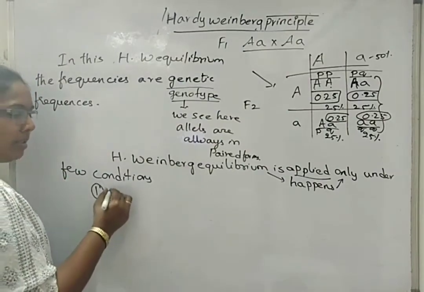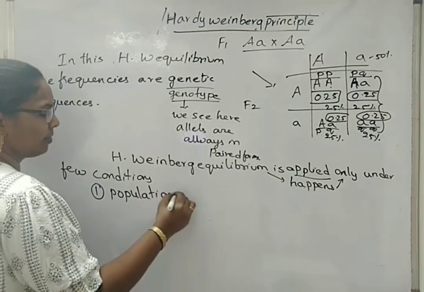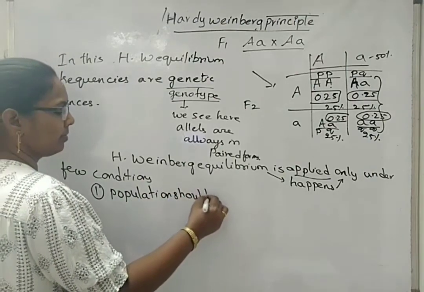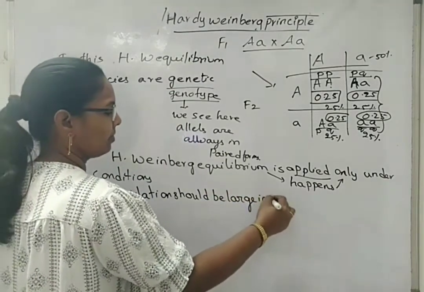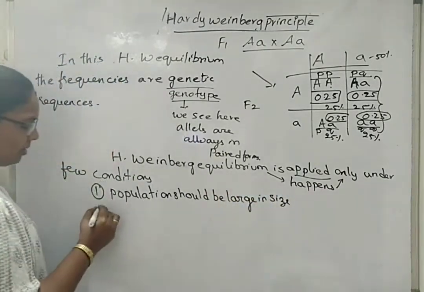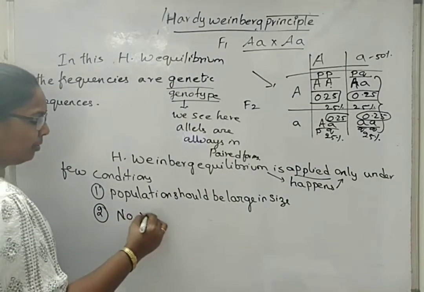First thing is, population should be large. Second thing, there should be no mutations.